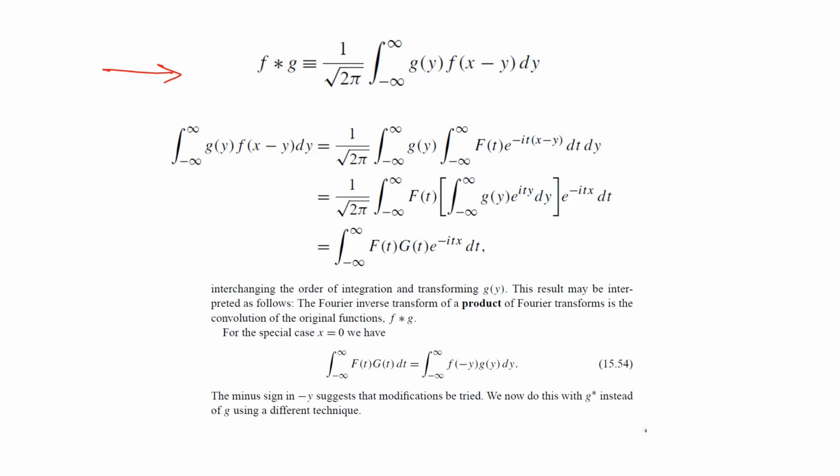This is one form of representation of a convolution of two signals. Now, take the right side of these two functions. We know the integral from minus infinity to plus infinity g of y f of x minus y dy equals 1 over root 2 pi integral minus infinity to plus infinity g of y.